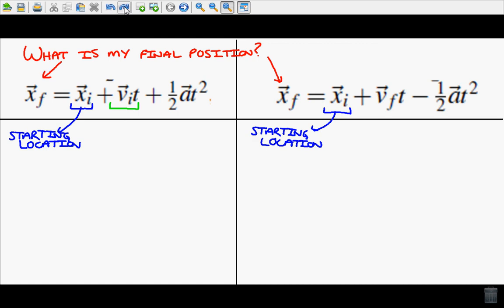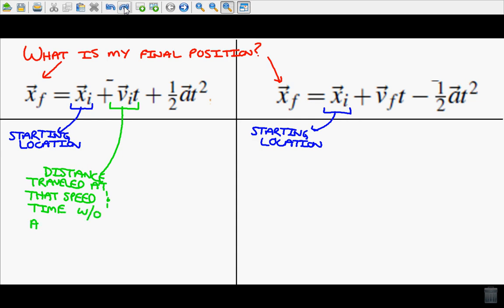And if you're at all familiar with the fact that velocity equals distance over time, or displacement over time, then when we multiply these two things together, we're getting a distance. And so what this piece of the equation is telling us is what distance has been traveled at that velocity over a period of time.